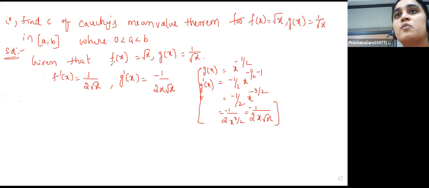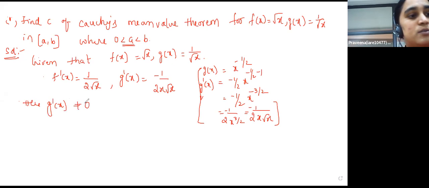Once you see the question where 0 less than a less than b, that means if you take any values of a, b greater than 0, definitely g dash of x is not equal to 0. Okay, then directly I'll write here g dash of x is not equal to 0 for all x belongs to open interval a comma b.